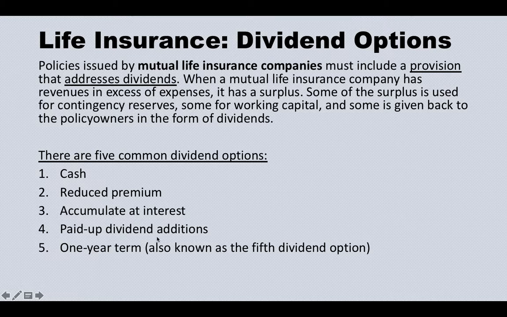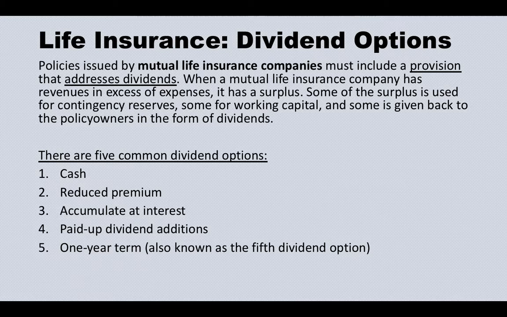Paid up dividend addition is a little bit similar to the paid up addition in the previous non-forfeiture option, because you can use the dividend amount to buy additional whole life insurance, a tiny amount. The dividend amount is a kind of single premium whole life, because no additional premium is required.